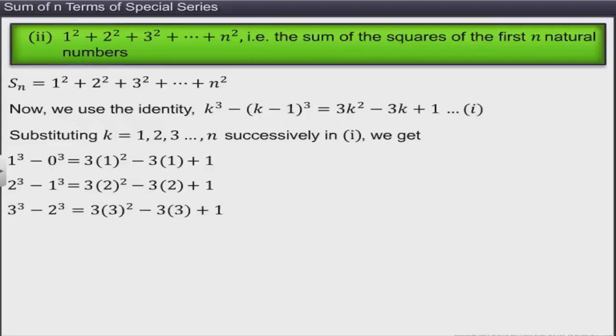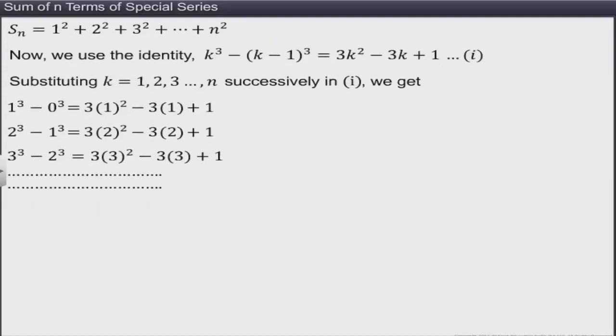On substituting k is equal to n, we get n cube minus (n minus 1) whole cube is equal to 3n square minus 3n plus 1.